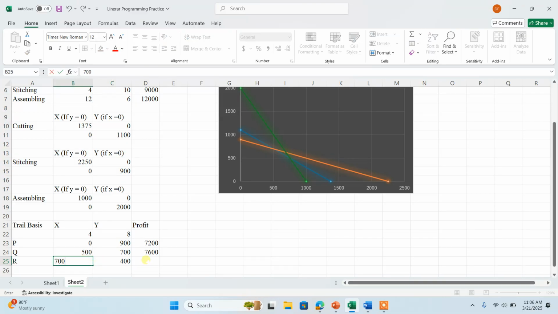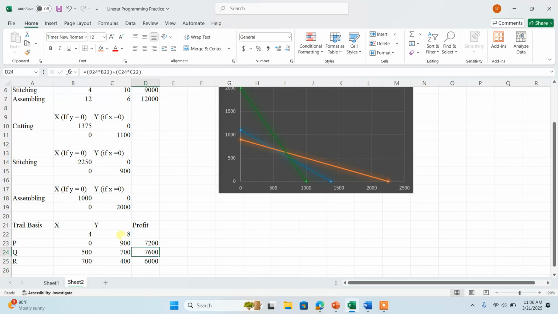So again, 700 of the x multiplied by contribution per unit of 4, plus 400 of the y at a per unit contribution of 8.